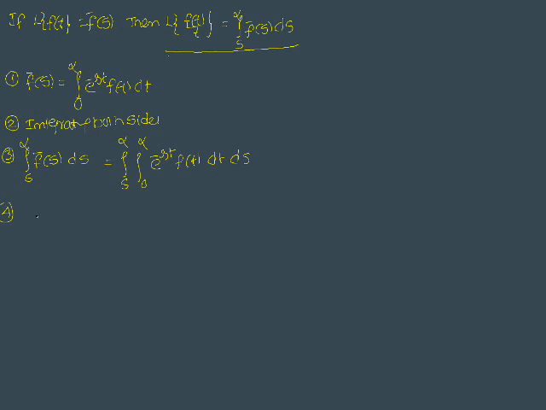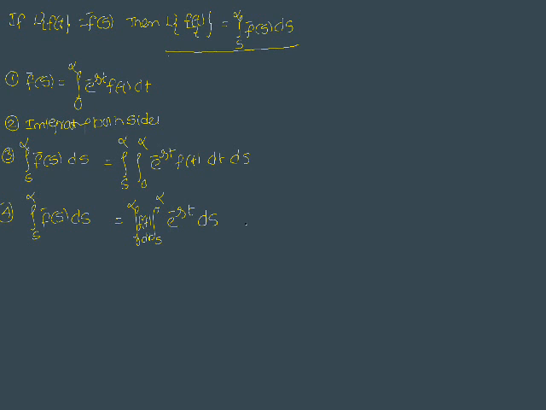Now we change the order of integration. So the integral from 0 to infinity, and inside it the integral from s to infinity. The relevant terms here are e power minus st into ds, and the remaining terms, f of t into dt, are related here.